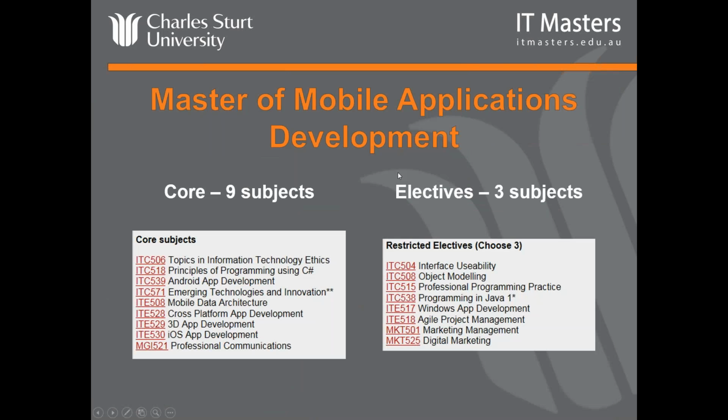So the course itself, the Master of Mobile Applications Development, is a 12-subject master's degree, and it really is designed for students who are wanting to perhaps move into the mobile development industry. One of the subjects you can see down the bottom here, ITE 529 3D app development. That's actually the subject on which this short course is based.